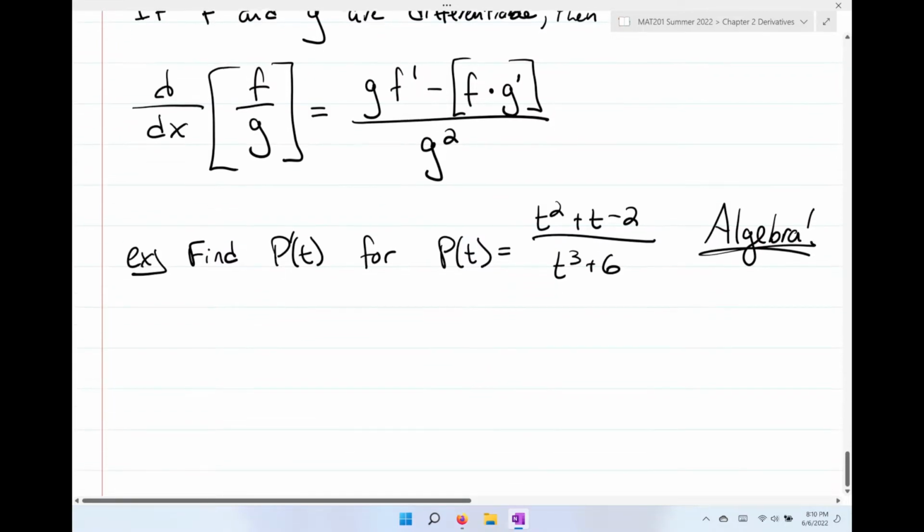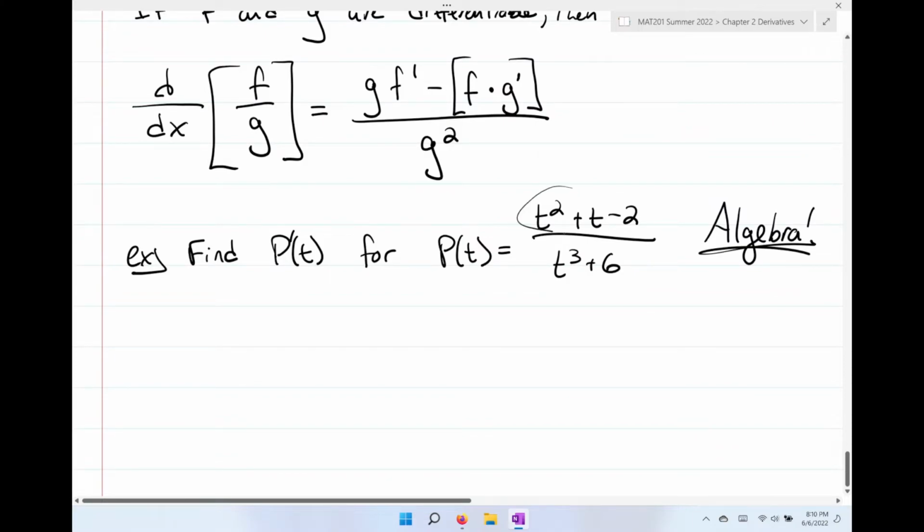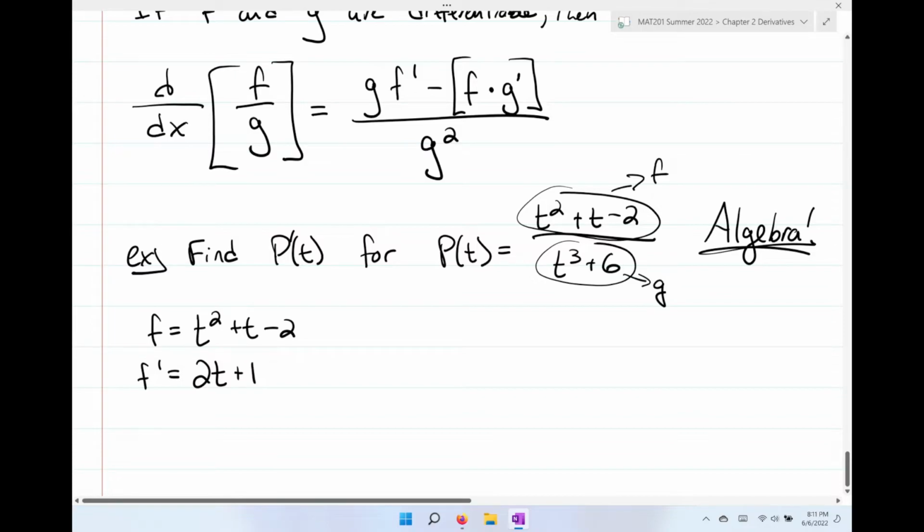So let me go ahead. The numerator, that's f. Denominator, that's going to be g. So f equals t squared plus t minus 2. F prime is going to be 2t plus 1. G equals t to the third plus 6. G prime equals 3t to the second.